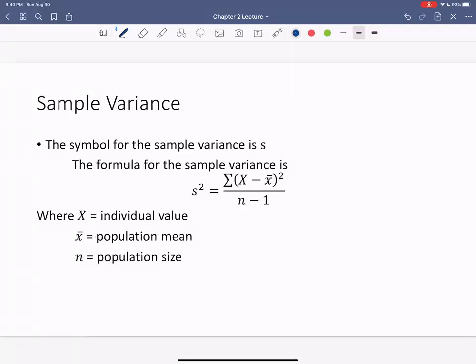So the main difference is that you have an s for the sample, and then we have x bar, which is the mean of our sample. This should say sample mean. Sorry, I have a typo here. This should say sample size.